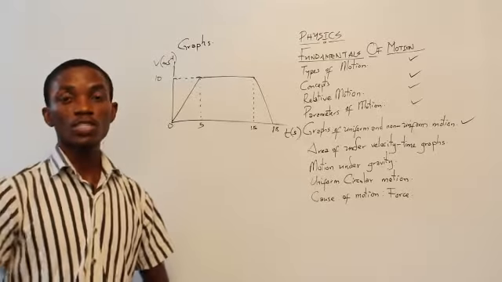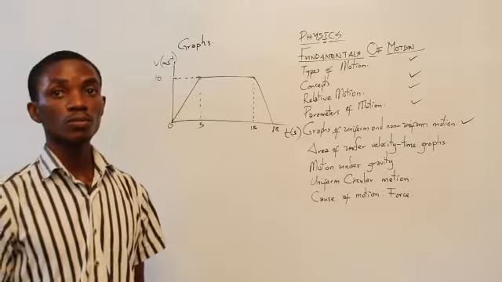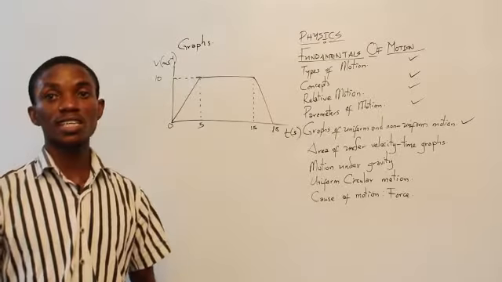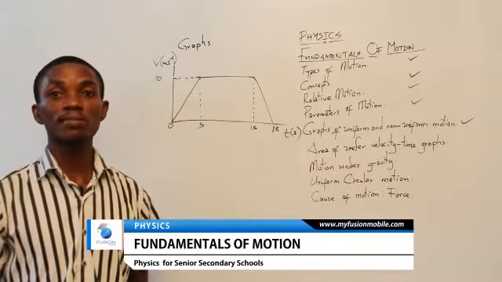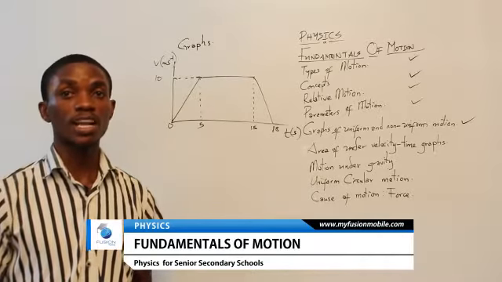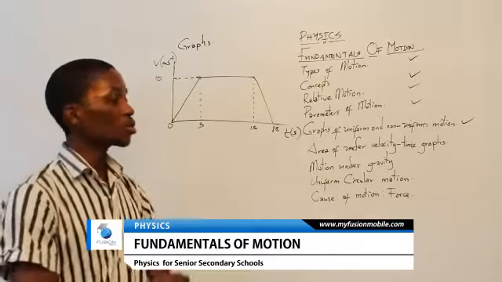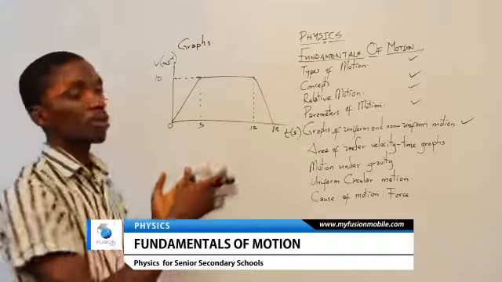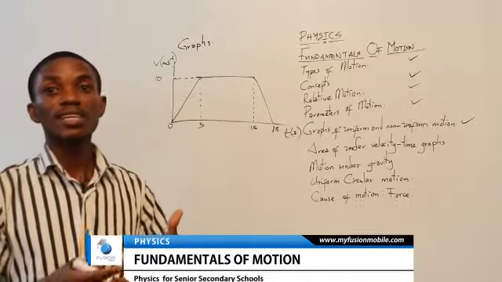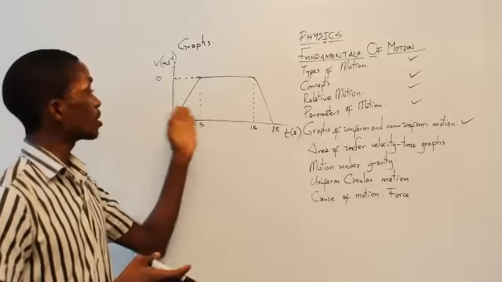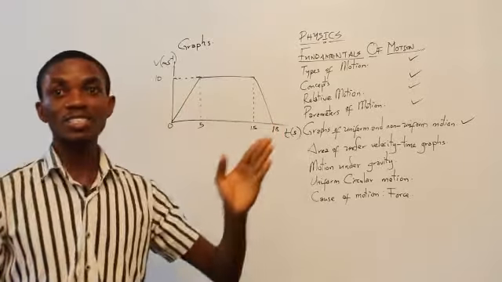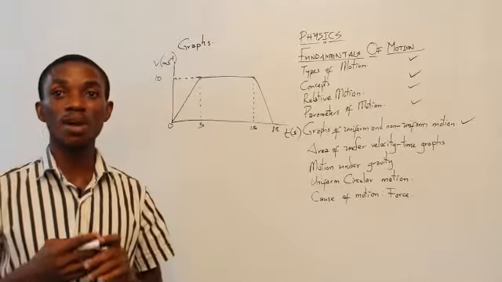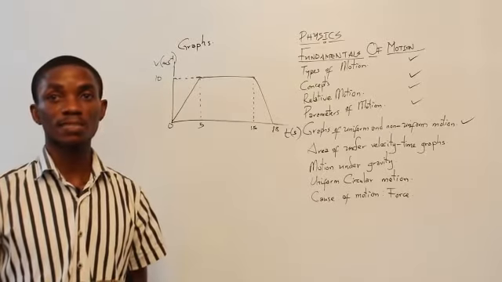Questions like, what is the maximum acceleration? What is the maximum deceleration? What is the total distance traveled? What is the total time taken? And the likes. Let's take the questions one after the other and see how we can apply the graph. We'll also consider what the area beneath the lines of the velocity time graph indicates.